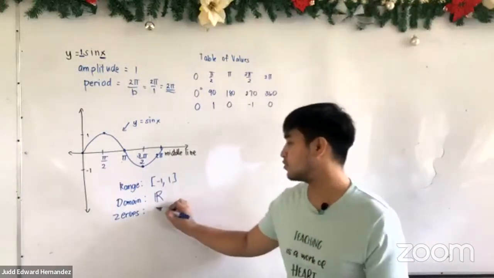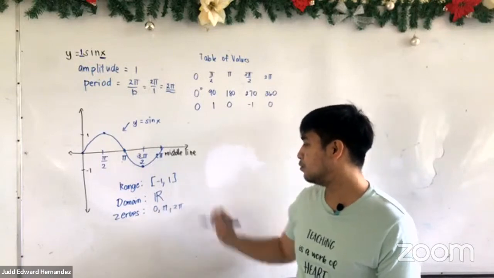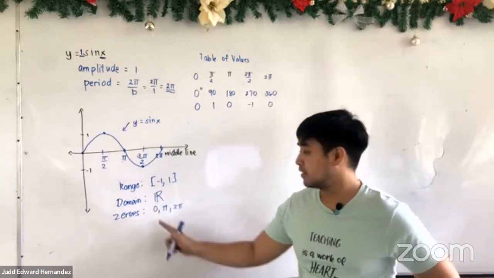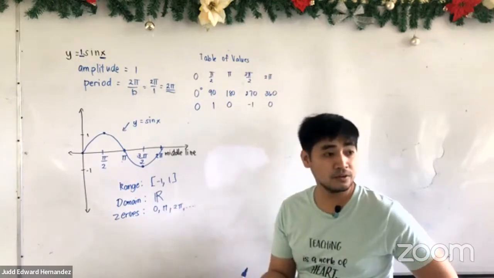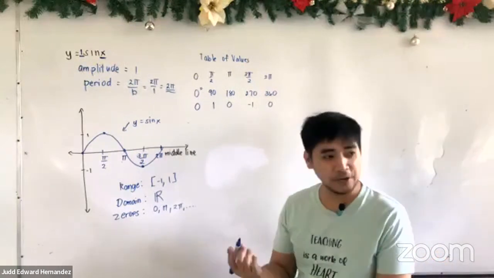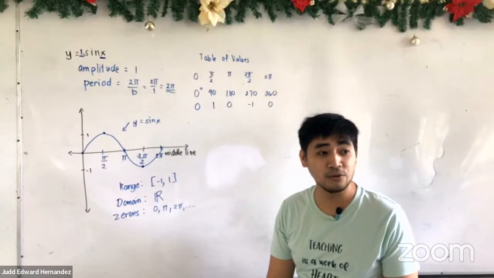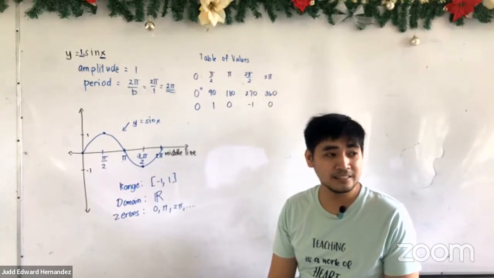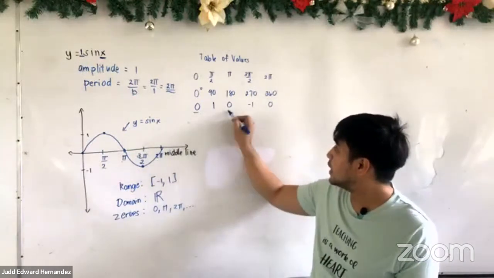Okay, the zeros of the function would be 0, pi, 2 pi. Na-guess ba kung bakit 0, pi, 2 pi, so on and so forth? Kasi doon natin nakuha yung value na 0 ng sine.